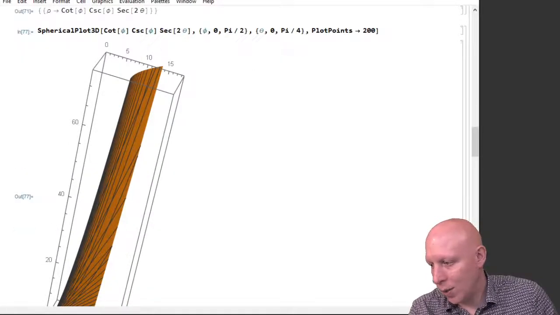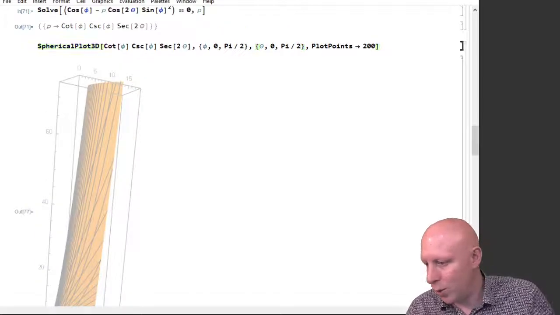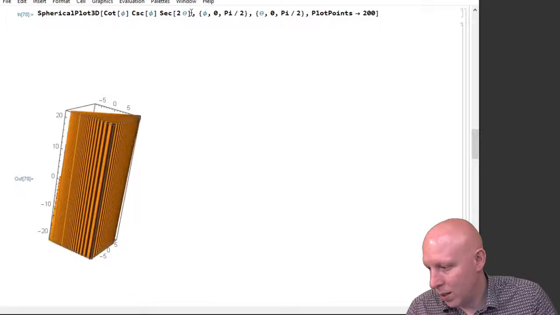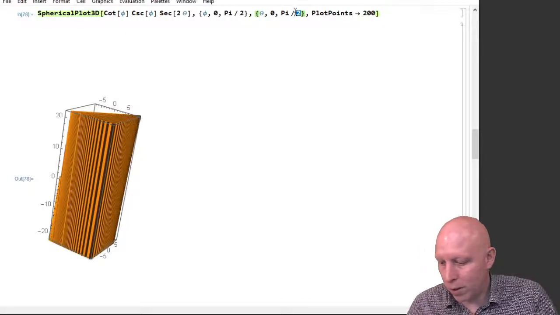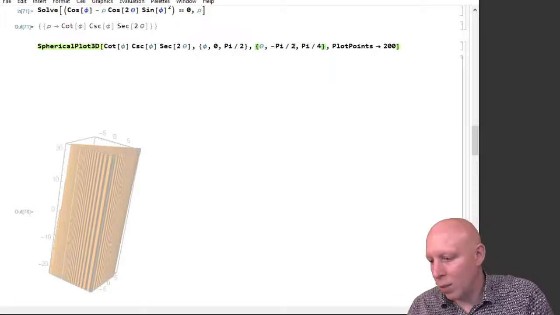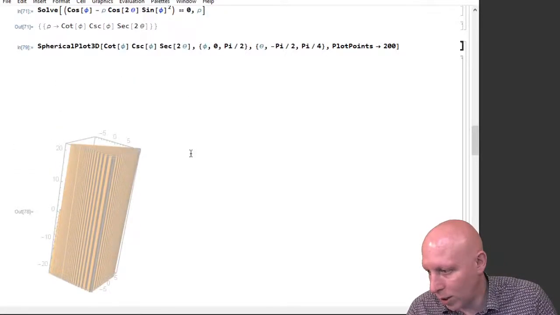All right, so can I expand this to pi over 2, or does that still break it? Yeah, that still breaks it, but maybe I can go from negative pi over 4 to pi over 4. I'm just trying to get a little bit more of this function.